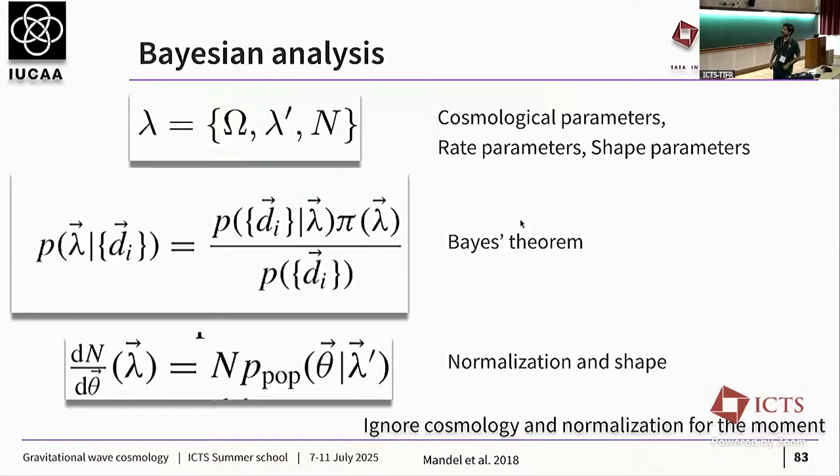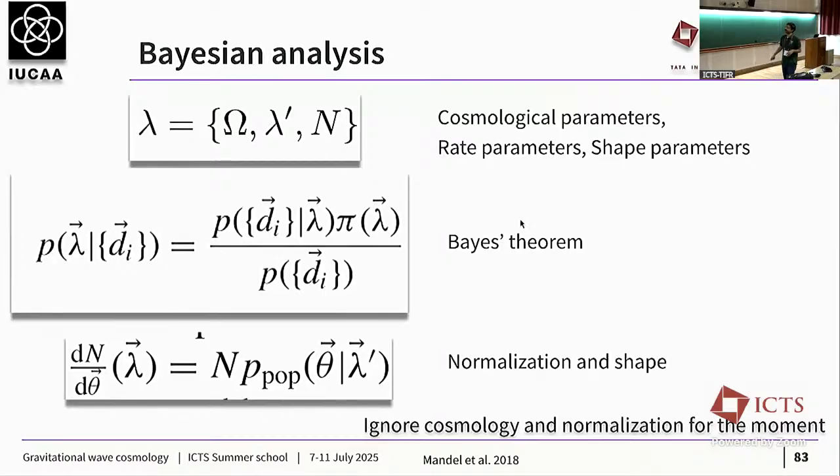So we started with a big parameter set: cosmological parameters, parameters that define the shape of the probability distribution of masses and spins, etc., and then one normalization parameter, which will tell you how many gravitational wave events form within a given volume, for example.